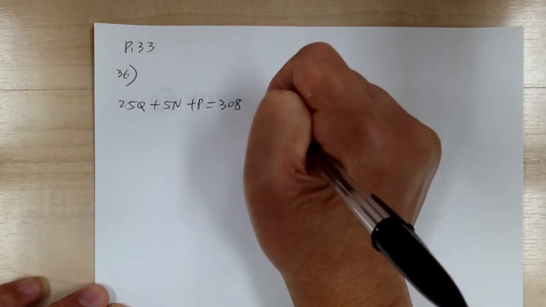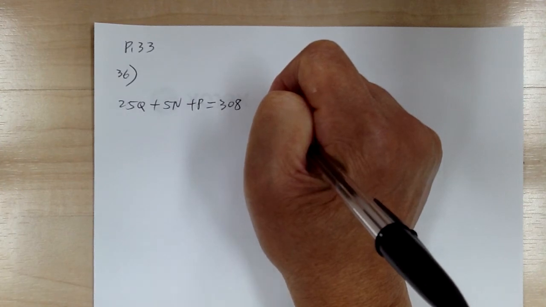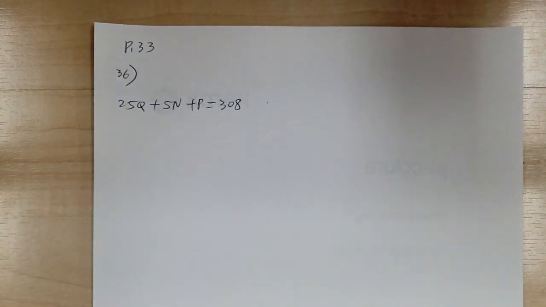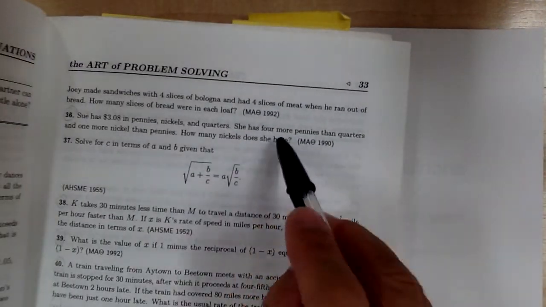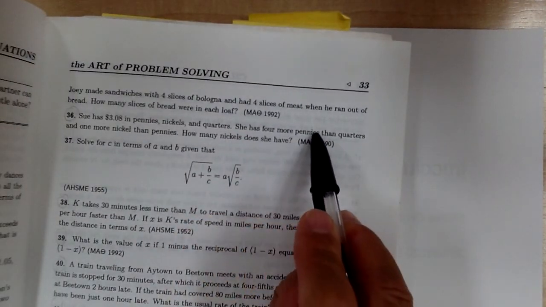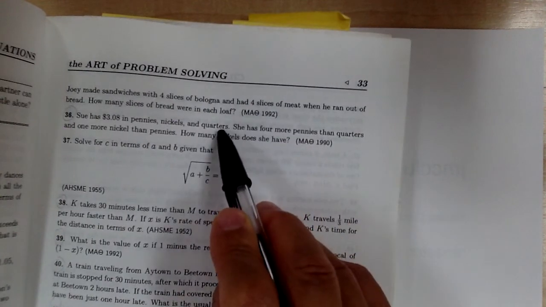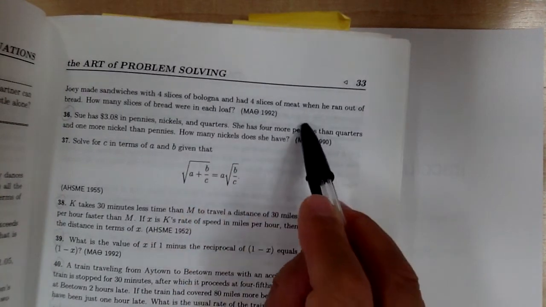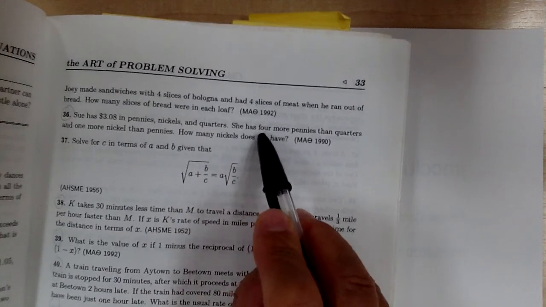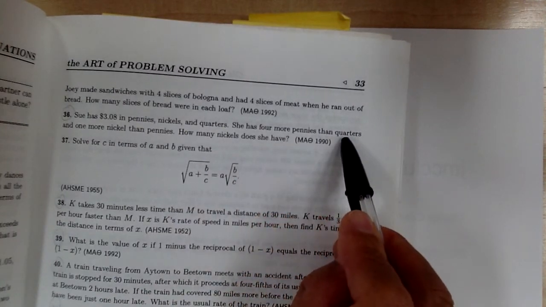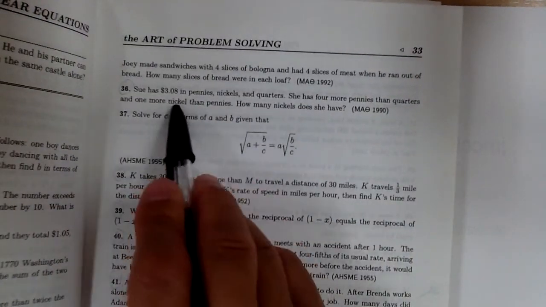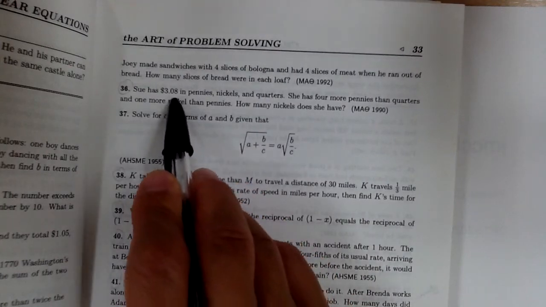Your next equation. Whenever you have this kind of situation, the way to translate it is to put the first item and move it to the beginning. So move this over here. So pennies is 4 more than quarters. And when you translate again, there are 2 items, so move the first item to the front.